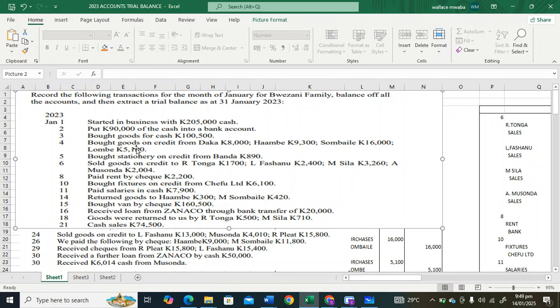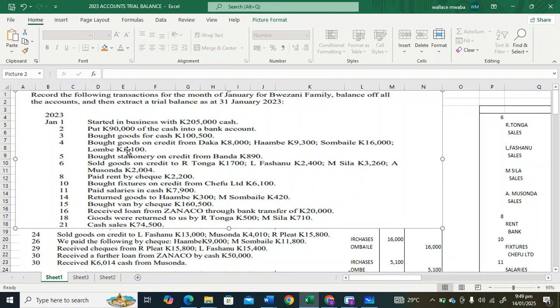These are credit purchases. The one on the third was a cash purchase. Now here, this is a credit purchase, so it means money hasn't been exchanged. You've bought goods on credit.